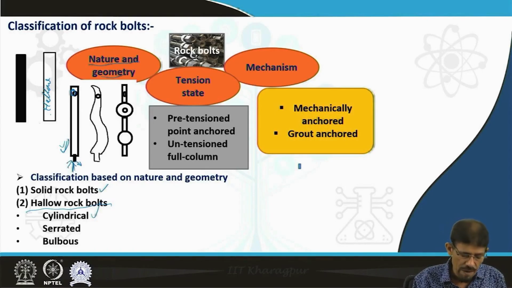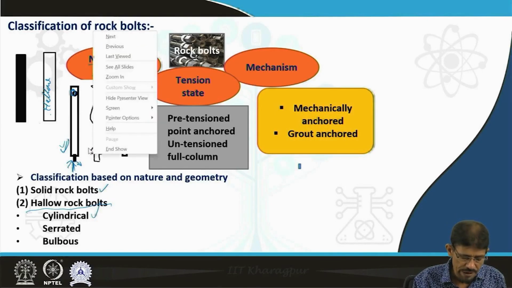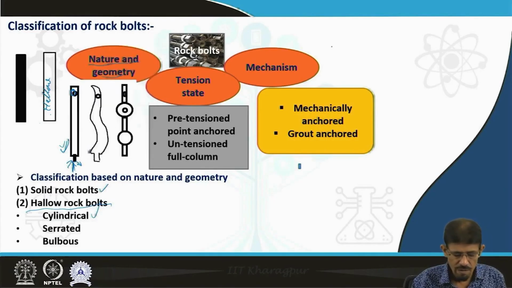Another type is a modification of the cylindrical bolt, slightly serrated in nature, also utilized for some special purposes. Here the opening is going to receive grout, and here is the releasing point.